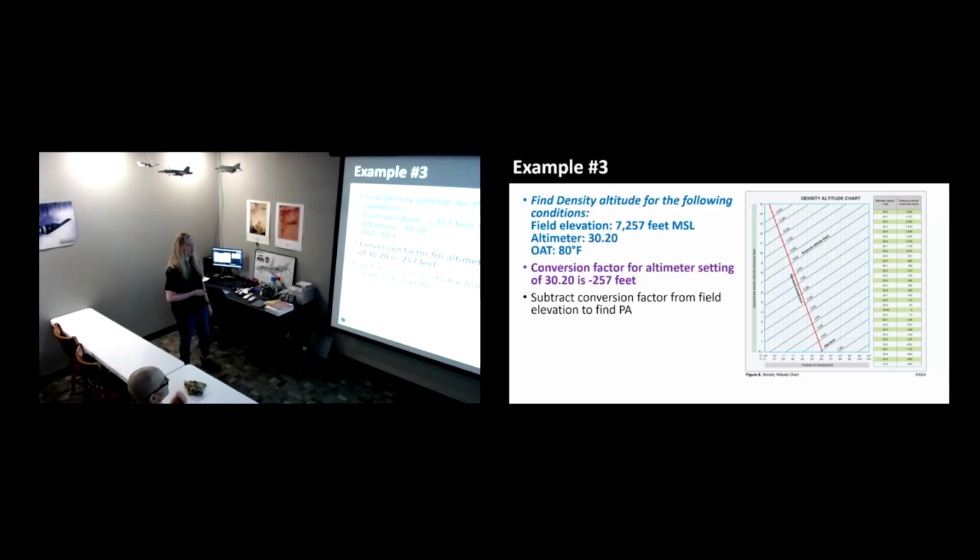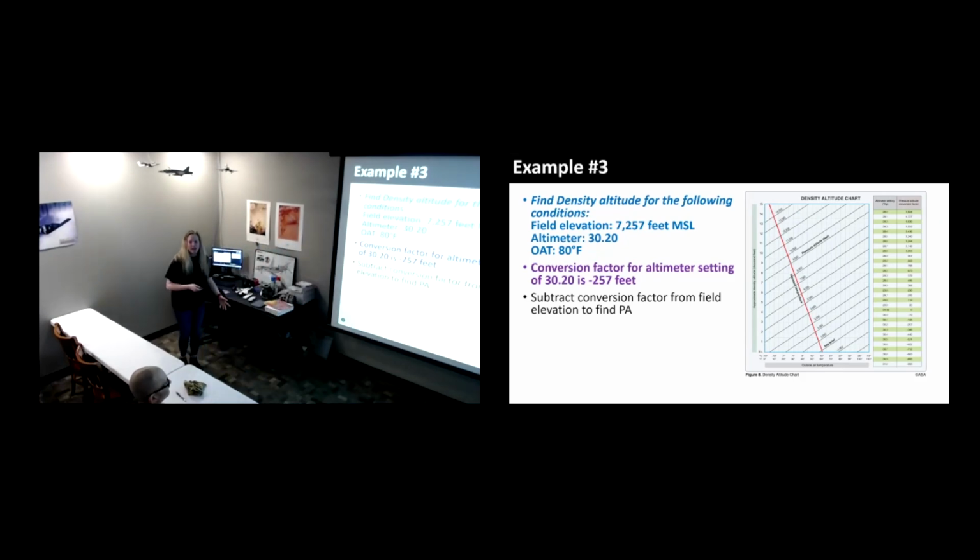So we subtract the conversion factor from the field elevation to find the pressure altitude. So if our field elevation is 7,257, first thing we do is subtract whatever the altimeter setting says. You thought that was a weird number. No, they just made it work, made it nice and easy with the book.